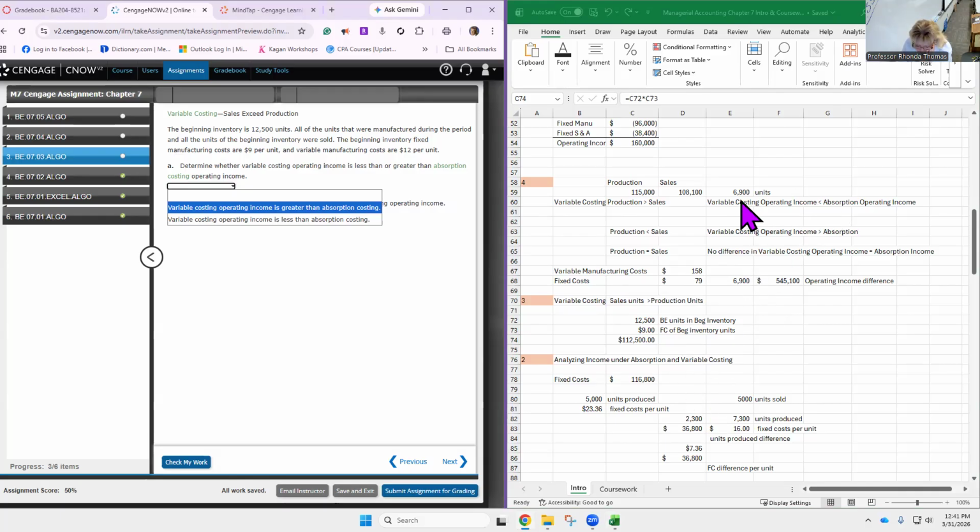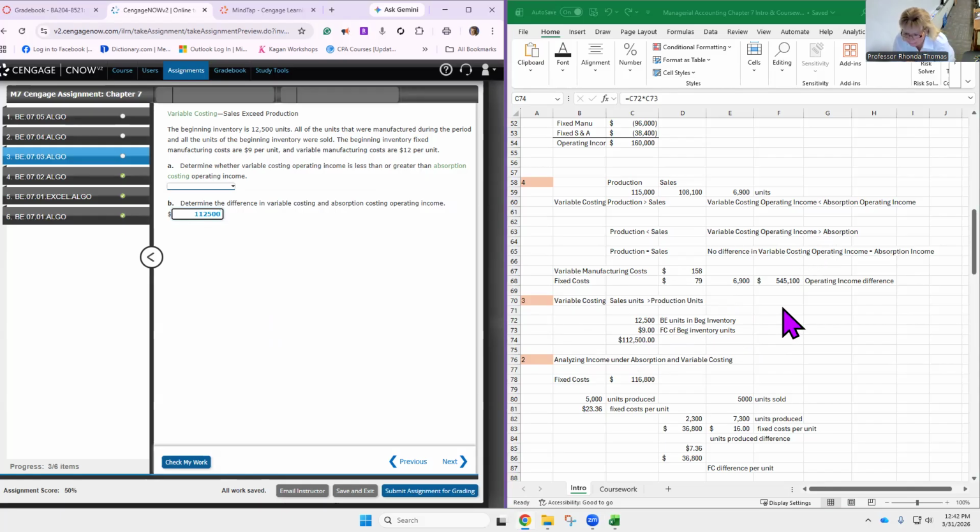So we got to do the opposite of what this one says. Okay, so you take the 12,500 beginning units times the fixed cost of those units, and the difference is 112,500. And once again, the rule is if sales are greater than production, then variable costing operating income will be greater than absorption.